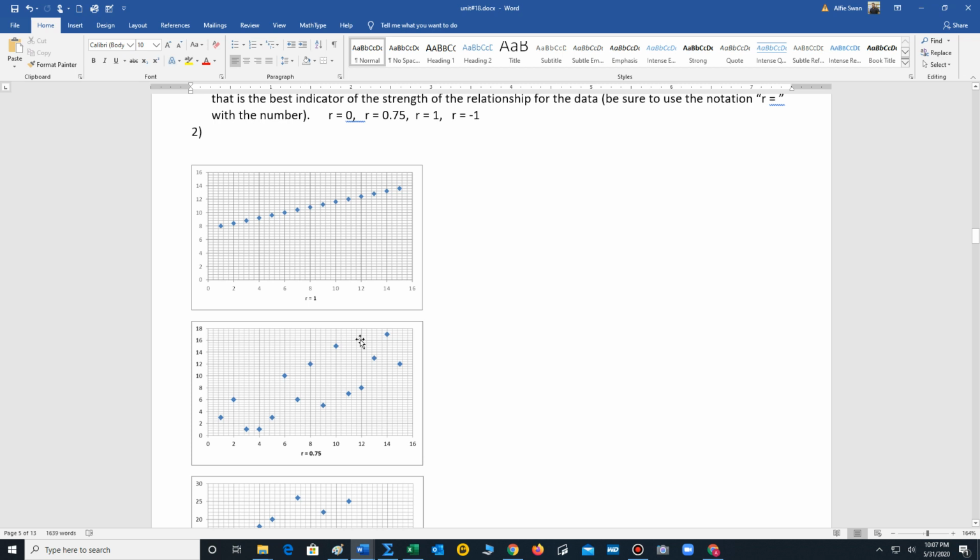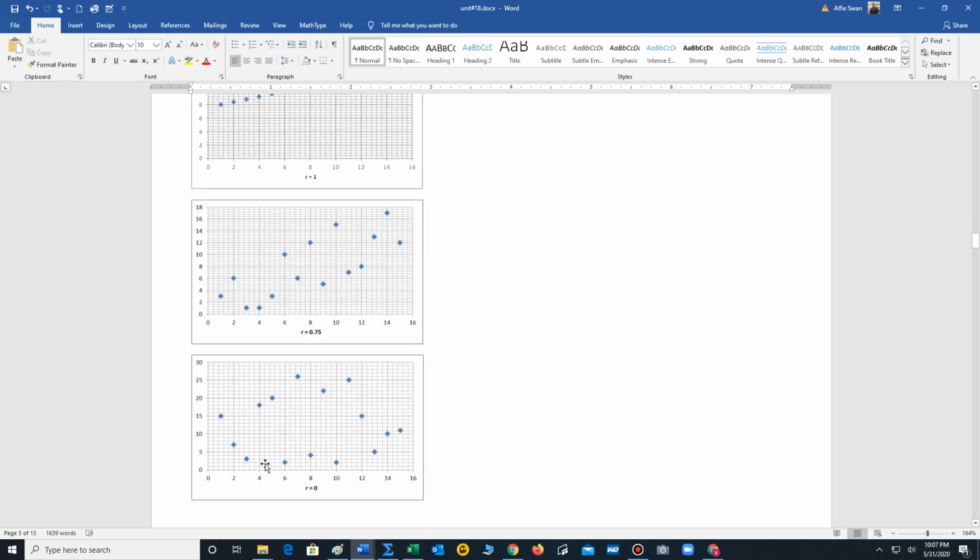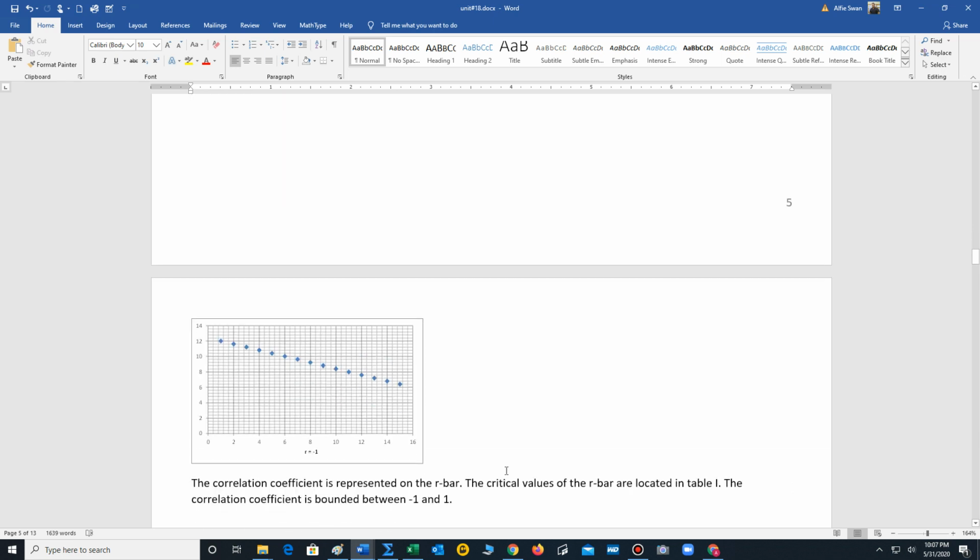Now, when r is less than 1, but still positive, it may not be as strong as in this first example. We would state that r would be 0.75. If the points are scattered in this manner, where there's no linear shape, then r is 0. And then if r is -1, that means the values are decreasing. We have a perfect linear shape, but now the values are decreasing, then r is -1.